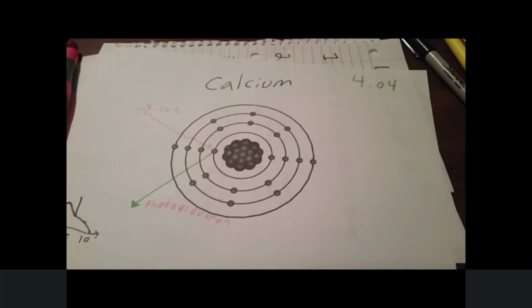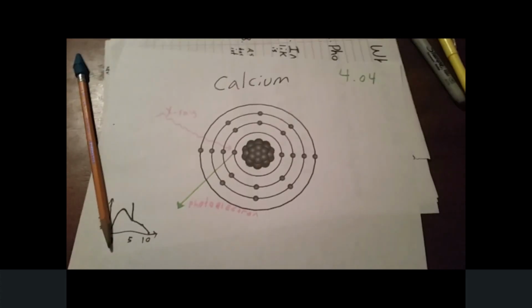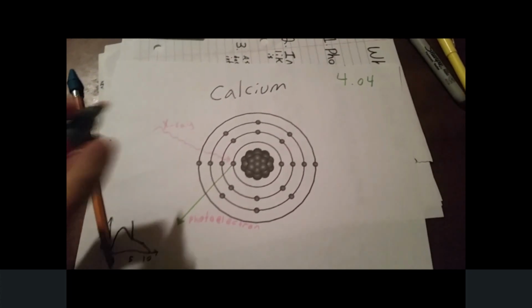Alright, so photoelectric absorption is an ionizing interaction that results when a photon is totally absorbed by an inner shell electron. To show this, we're going to use this calcium atom right here. I've already drawn a couple doodles on here.